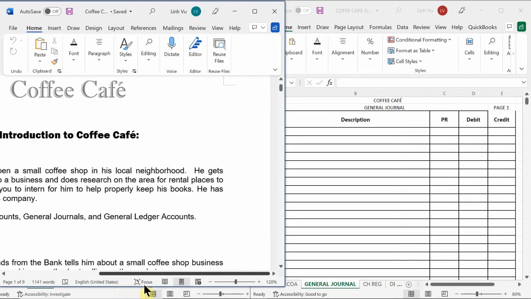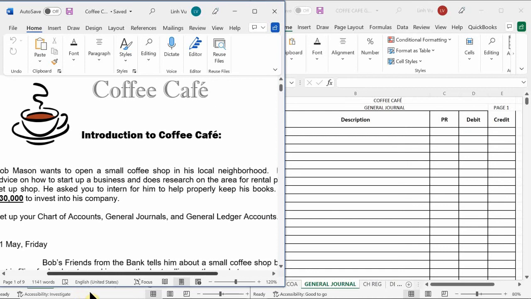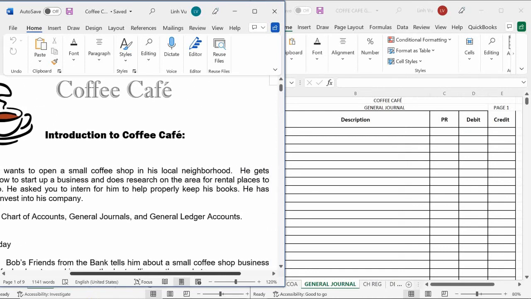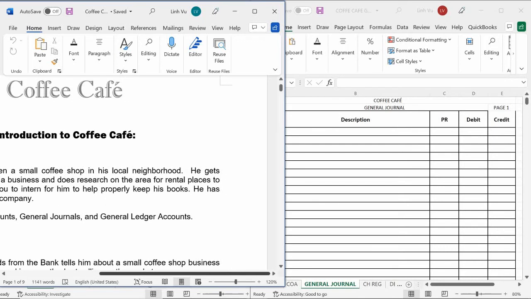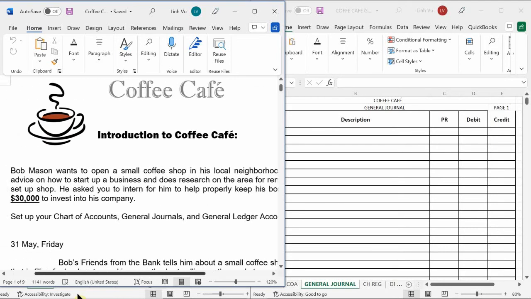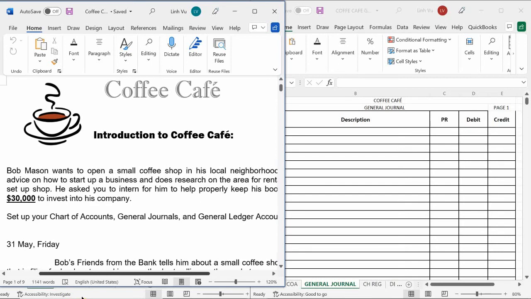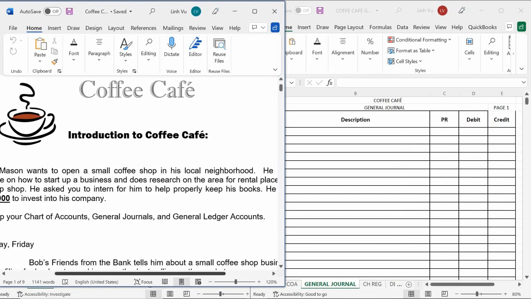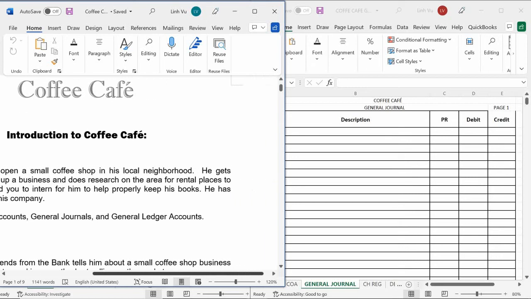He also gets advice on how to start up his business, and he does his research on the area for rental places. So he is able to set up his shop.